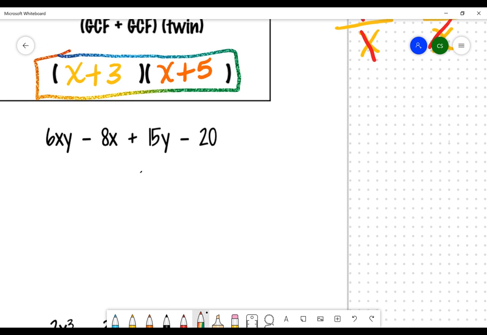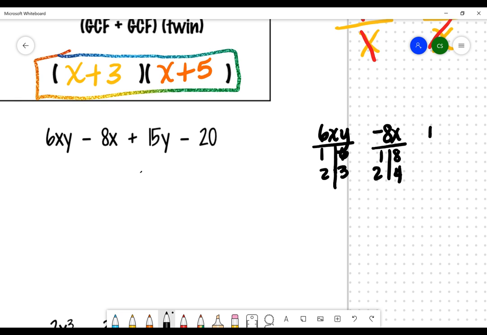All right, 6xy minus 8x plus 15y minus 20. So I ask myself, do any of these terms have a greatest common factor? 6xy, 1 and 6, 2 and 3. Negative 8x, 1 and 8, and 2 and 4. 15y, 1 and 15, and 3 and 5, and 20, 1 and 20, 2 and 10, and 4 and 5.